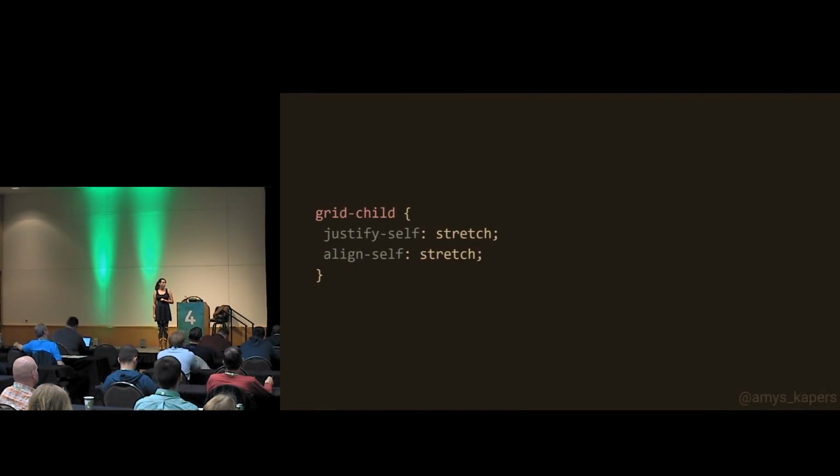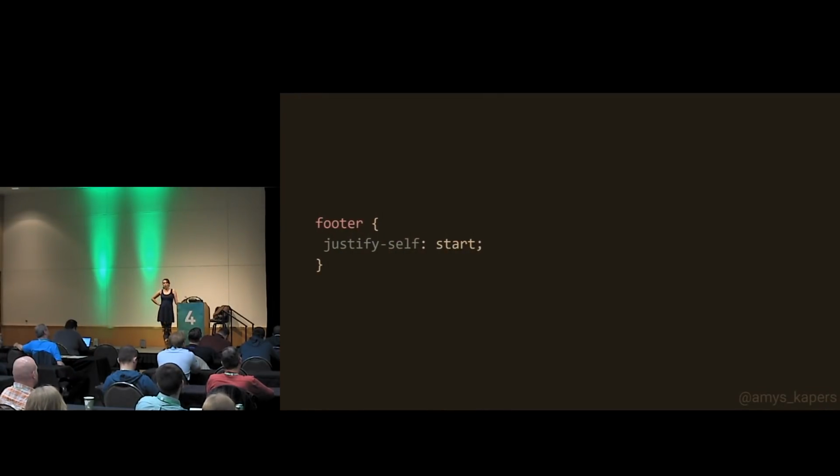But we don't really want that. You can also use justify self and align self to individually define on each grid child how we want that to work if you want it to be different. For example, we don't really want the footer to take up the full width of its space. We just want it to sit at the start and take up as much room as it needs.